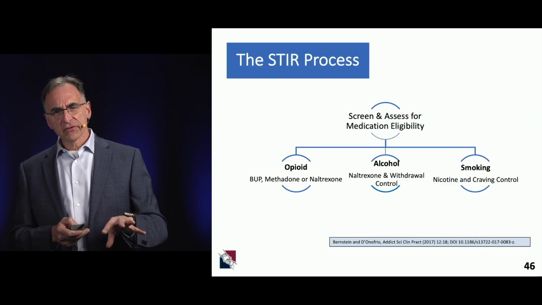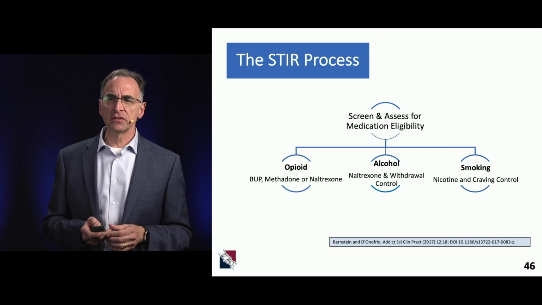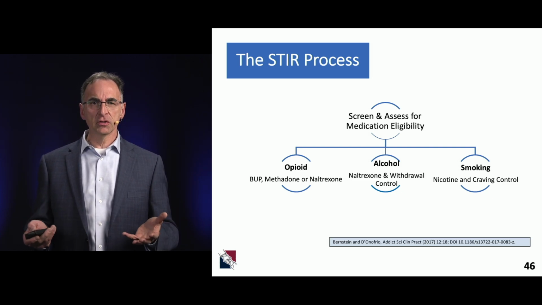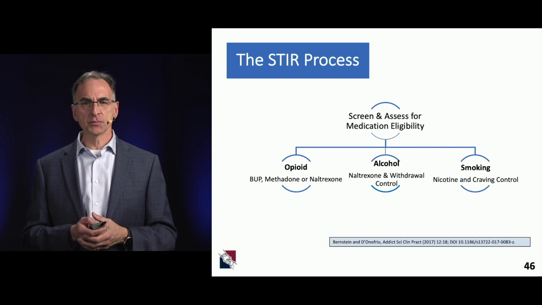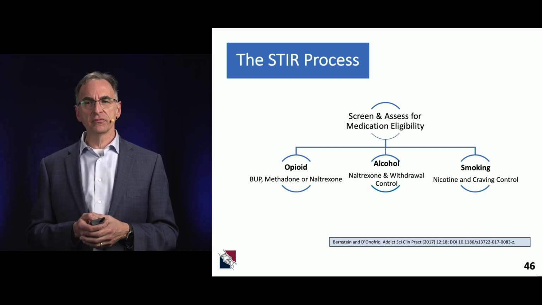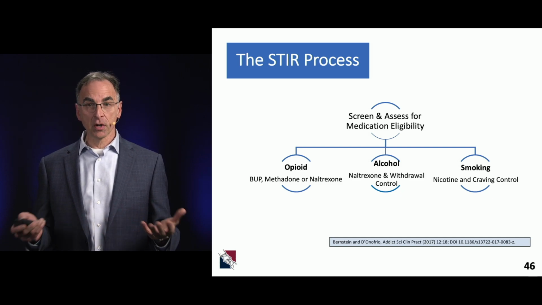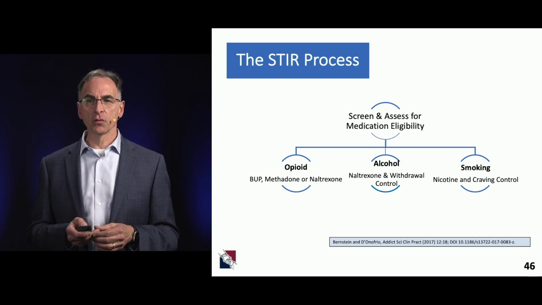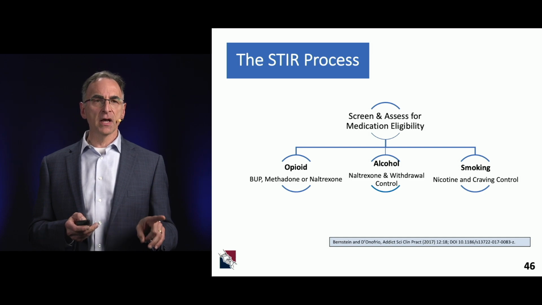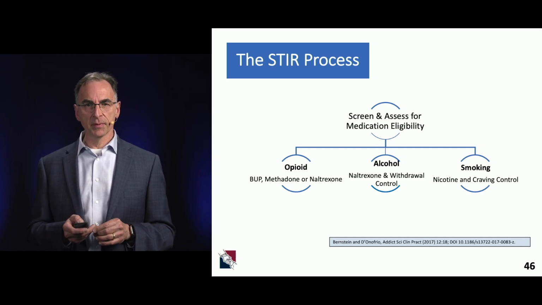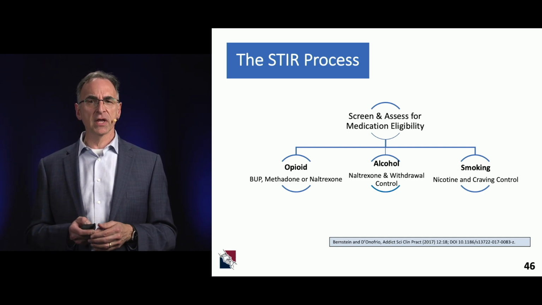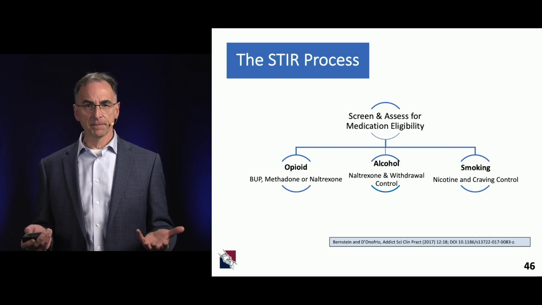In the SBIRT process, a quick screening allows clinicians whose practice includes general healthcare and risk management to begin substance use disorder treatment in eligible patients. This includes partnering with community providers for ongoing care. This model was initially tested in the emergency department, but could be applied to other care settings fairly easily.